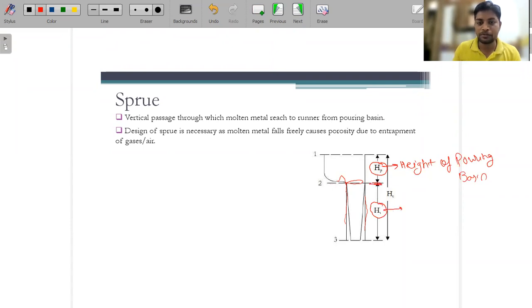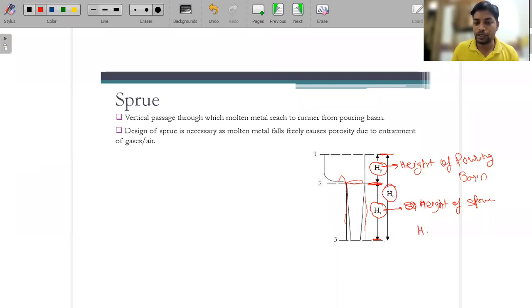From here the sprue starts, and here is the end. So this is the sprue height. And this is the total height from this point to this point, so this is HT.